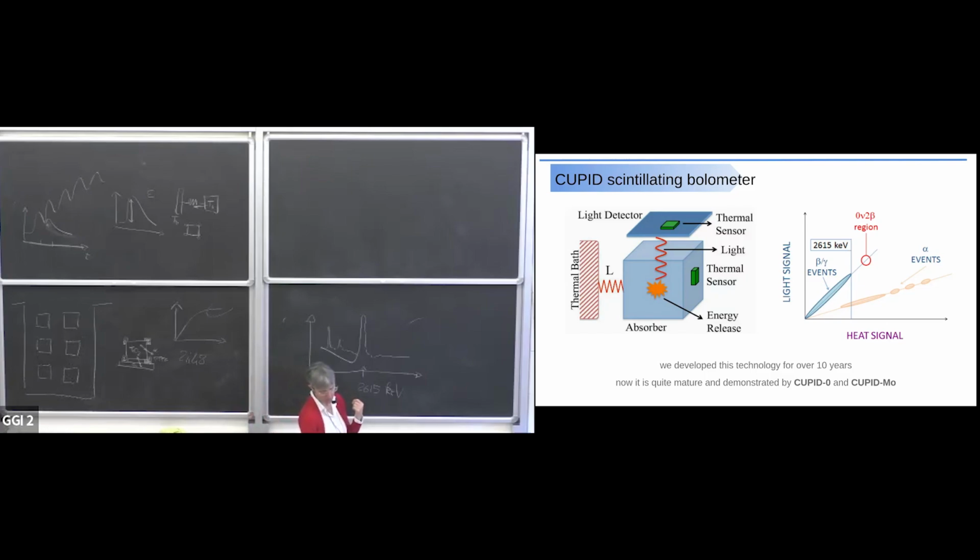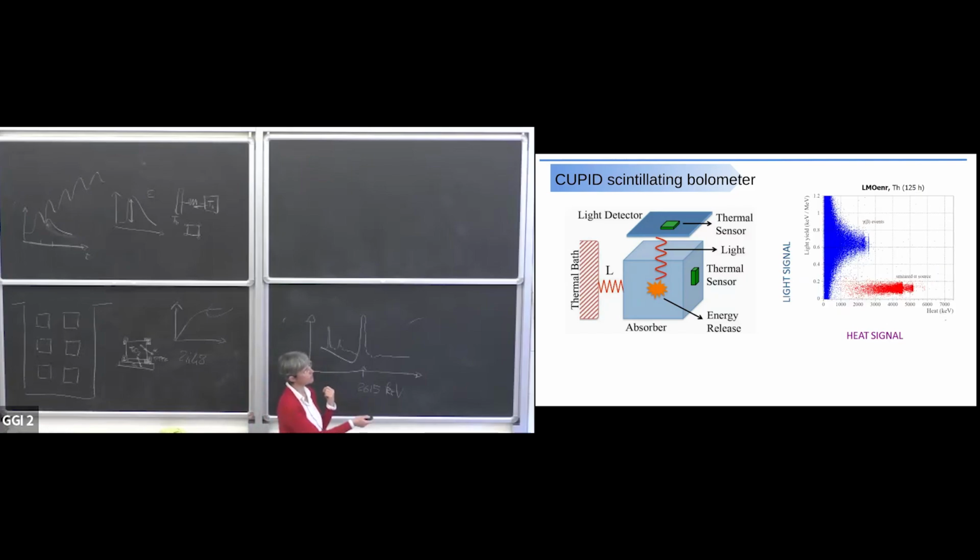And so the crystal that we have selected is LMO, lithium molybdate. It's a very bad scintillator. At room temperature, you are not able to see any light.